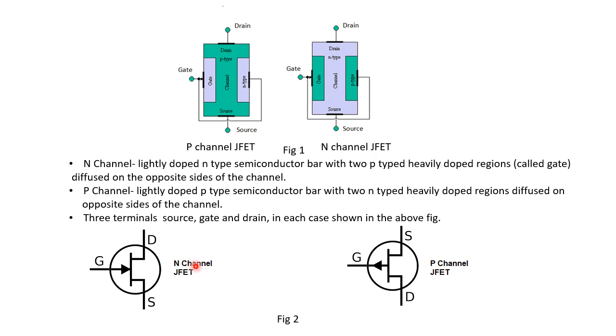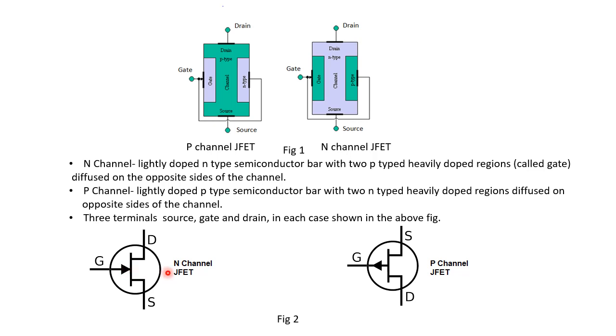In case of N-channel FET, in the symbol we can see that an arrow is placed on the gate terminal, and the direction of the arrow shows the direction of flow of the positive charge or the conventional current.